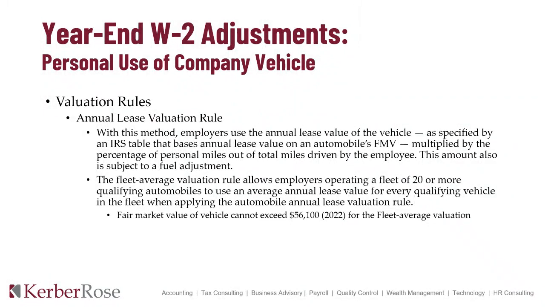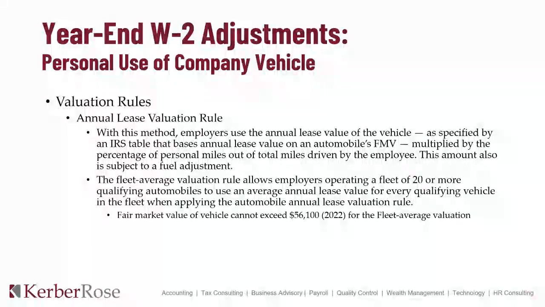The annual lease valuation rule. This is the one I see used most commonly. Employers use the annual lease value of the vehicle as specified by an IRS table that bases annual lease value on the auto's fair market value. And again, that lease value chart is in Publication 15B.